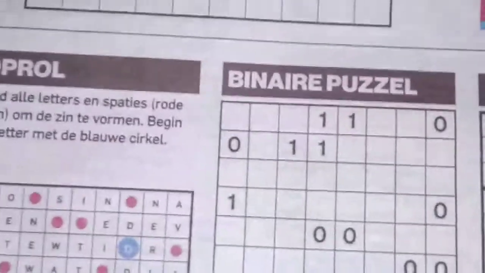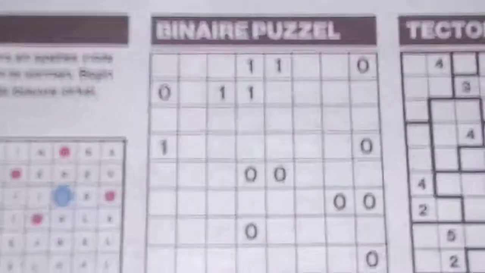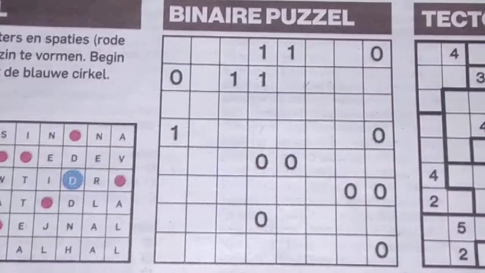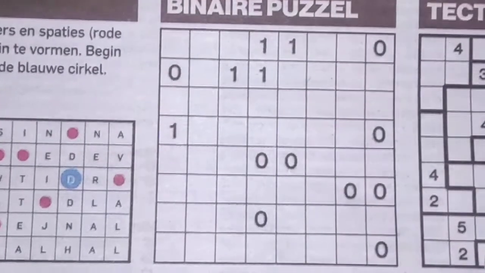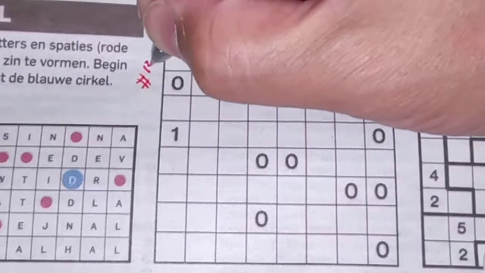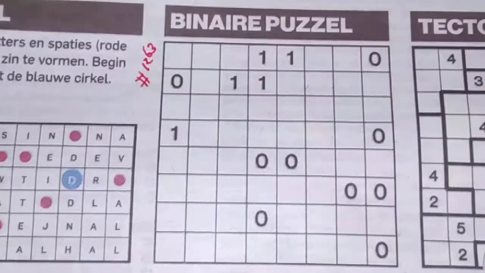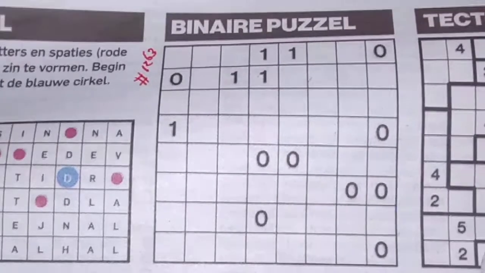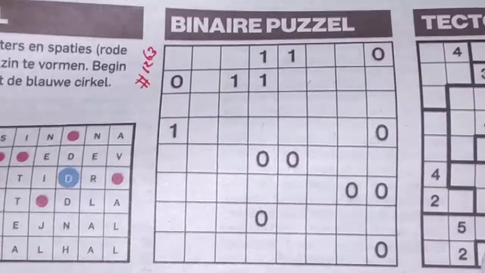This will be number 5, a binary Sudoku. And this one is number 1, 2, 6, 3. Yes, 1, 2, 6, 3.